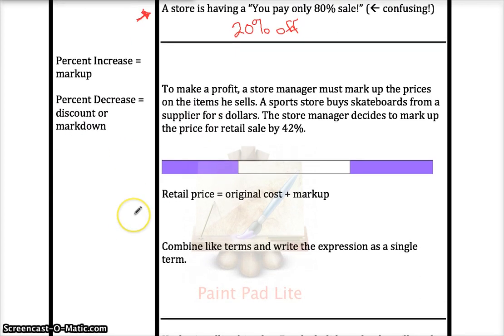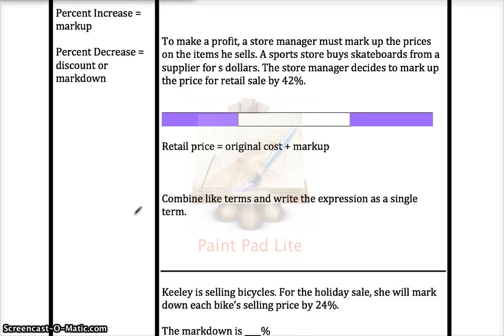So here's our first example, and it's to make a profit, a store manager must mark up the prices on the items he sells, which, think about it, that makes sense. If the manager buys a pair of shoes for $10, he can't sell them for $10 because he won't make a profit. He needs to sell them for more than what he paid so that he can make money for his store. So that's what the first sentence is explaining.